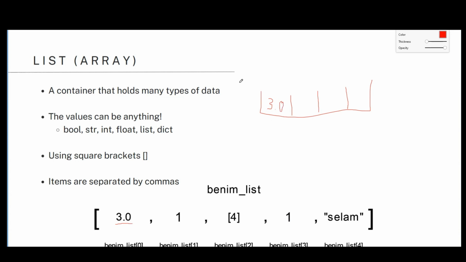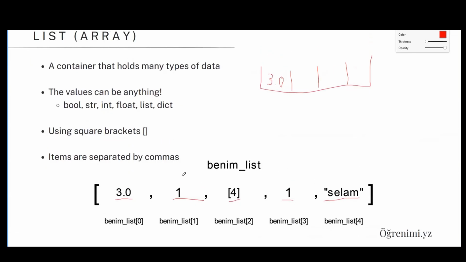That would be within the first slot. And then the second slot is 1. The third slot is actually a list with one item in it, number 4. And then the next item is 1. That's the next slot. And then the next slot is actually a string. It says salam. Like this, we can use a list.